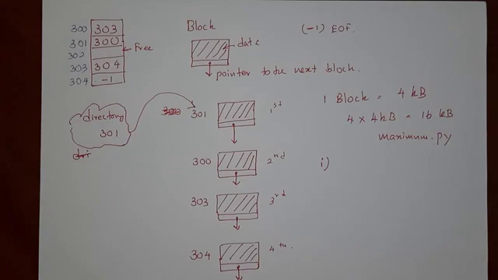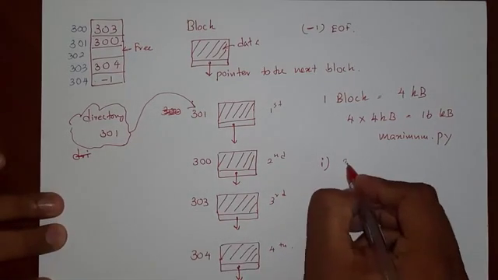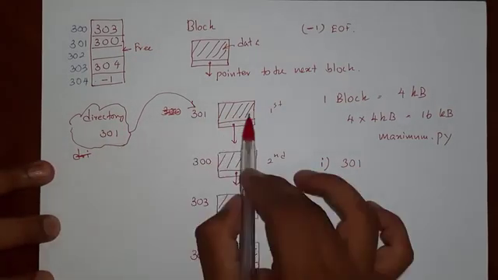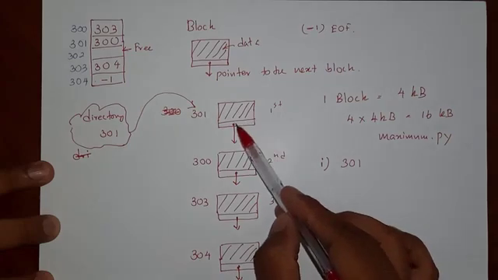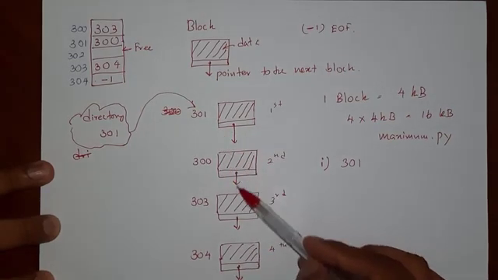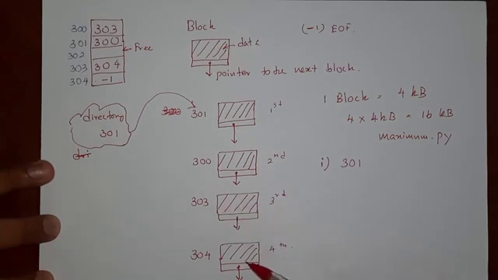write down the value of the important number that will be stored in the directory. This is the answer, 301. So the directory points to 301, which contains data. Then block 301 points to 300, which contains data, and the pointer points to 303. 303 points to 304.